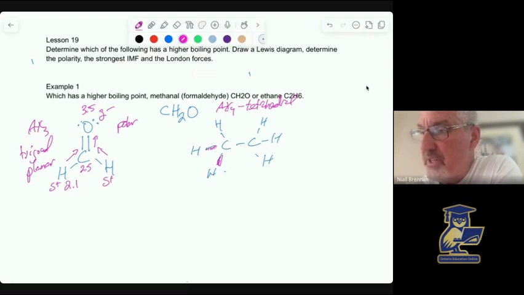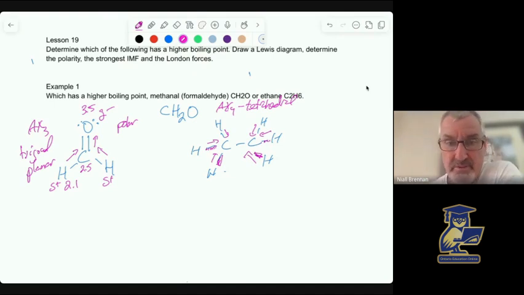Again, a very small dipole, 2.5 and 2.1, but they're all heading in towards the carbon, and the carbon-carbon bond has no polarity. The net direction is 0. Hydrocarbons are 0, there's no electron-withdrawing group there. Everything just collapses in towards the carbon. This is going to be non-polar.